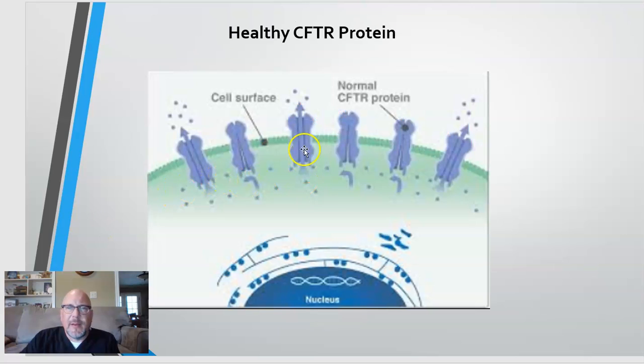Here's an example of the CFTR proteins in normal operation, sitting on the cell membrane and through it, allowing the chloride ions in and out of the cell. Subsequently, when you have the chloride ions, you also have the sodium ions. They tend to work together. So if you don't have one, then you typically don't have the other.